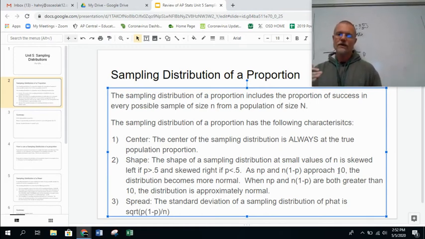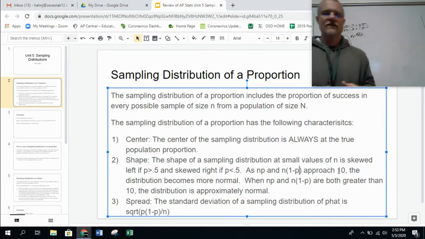But if we want to talk about, and this is the next slide, so I'm going to pause there. I'm going to get back to this last piece. Now I've got this normal piece here. The spread is also part of this, because we have to say the shape, center, and spread. The spread of this is a formula.